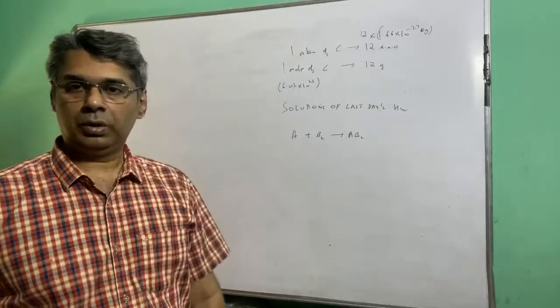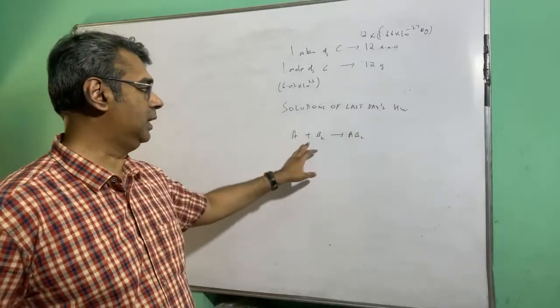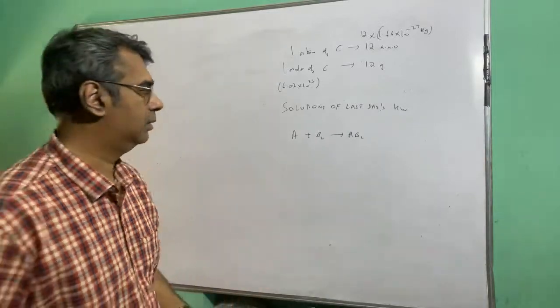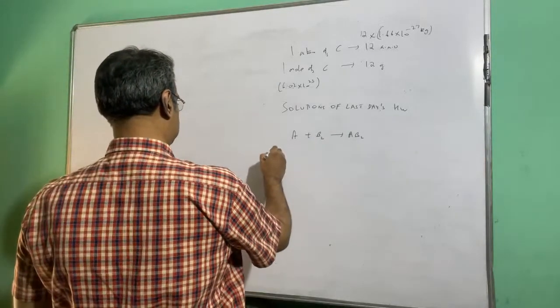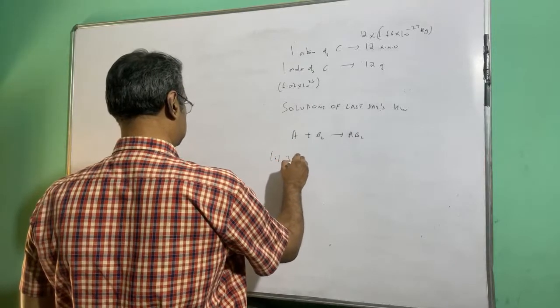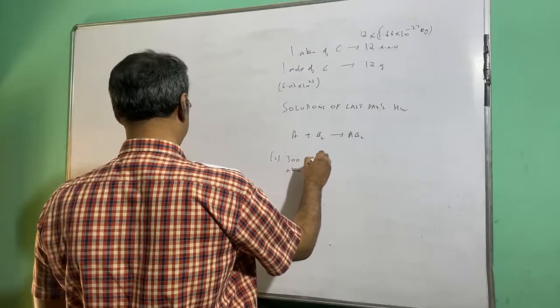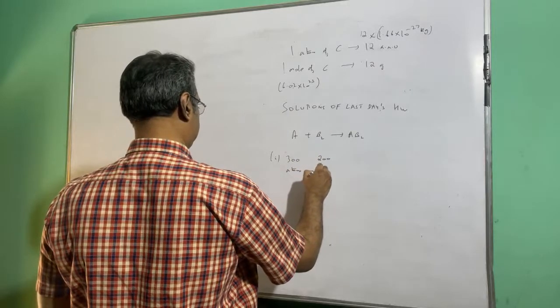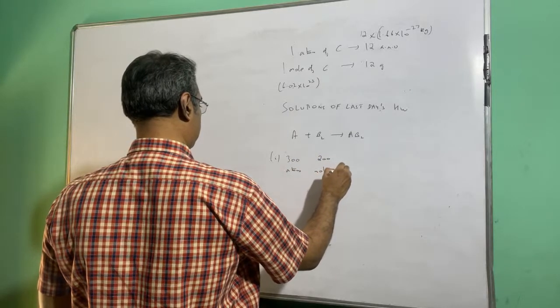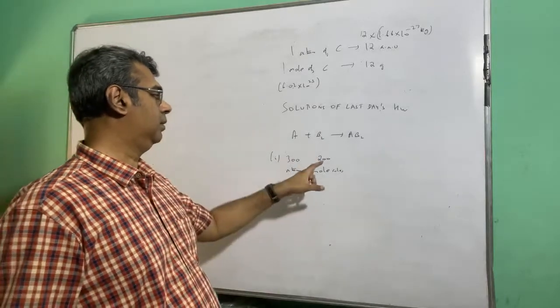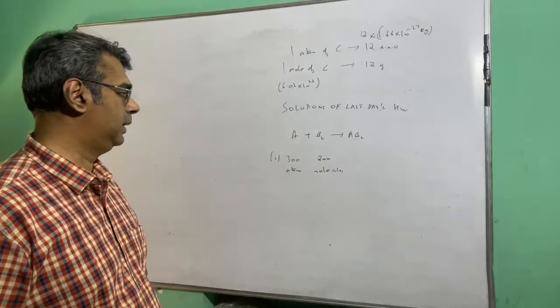So coming back to the homework question: A plus B2 is equal to AB2. In this question, firstly, if you react 300 atoms of A with 200 molecules of B2.